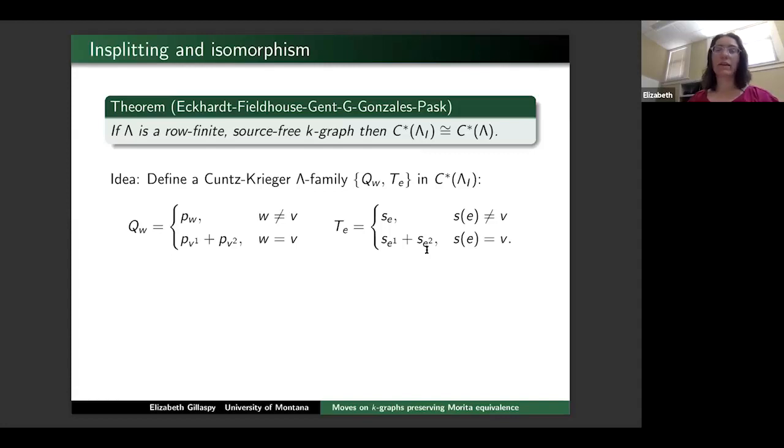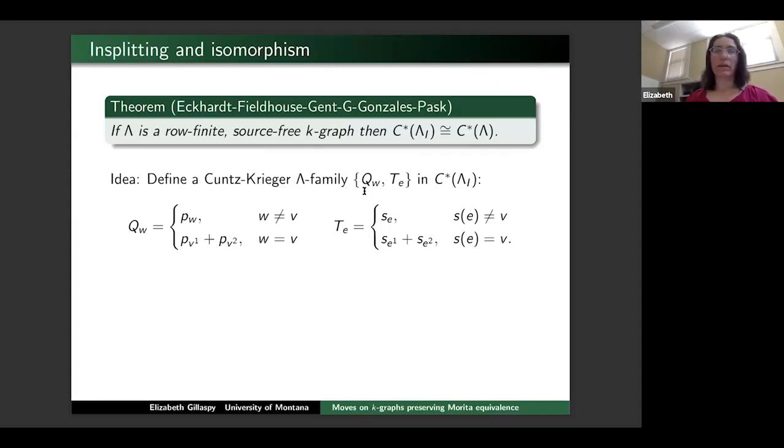Then you check that these projections Q_W and partial isometries T_E satisfy the Cuntz-Krieger conditions for lambda. So they multiply the same way you would compose edges in lambda.